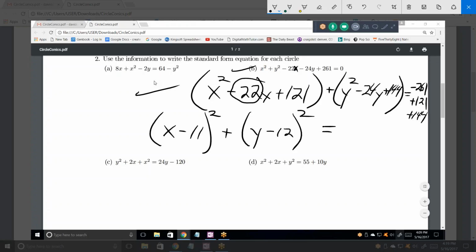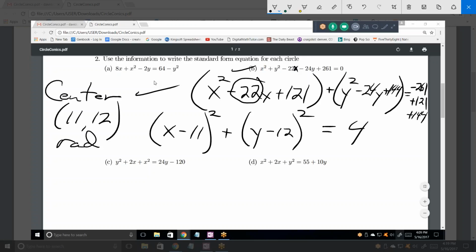What's that all equal to? That's 265 minus 261. Isn't it just 260? Yeah. Okay, so where's my center? It is plus 11, plus 12. And what's my radius? 2. That's how you do it.